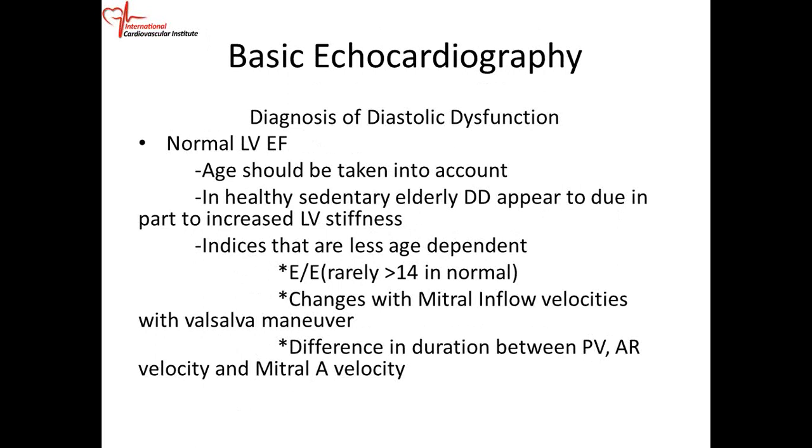So what we're saying is that if you measure the duration of the atrial flow reversal in the pulmonary vein and the atrial flow reversal in the mitral inflow, those differences are less age dependent. So these are things that don't vary a lot with age. So we use them periodically to help us to assess diastolic dysfunction.